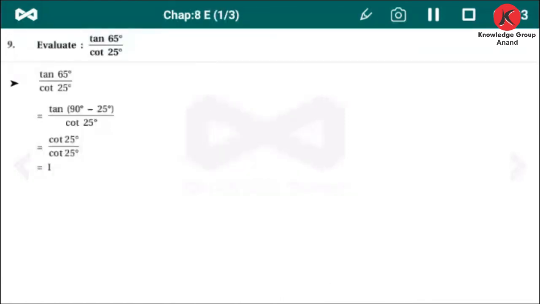Now example number 9. Evaluate tan 65 upon cot 25. We know the values of angles 0, 30, 45, 60 and 90 for all trigonometric ratios, but here it is 65 and 25, so we write the complementary.